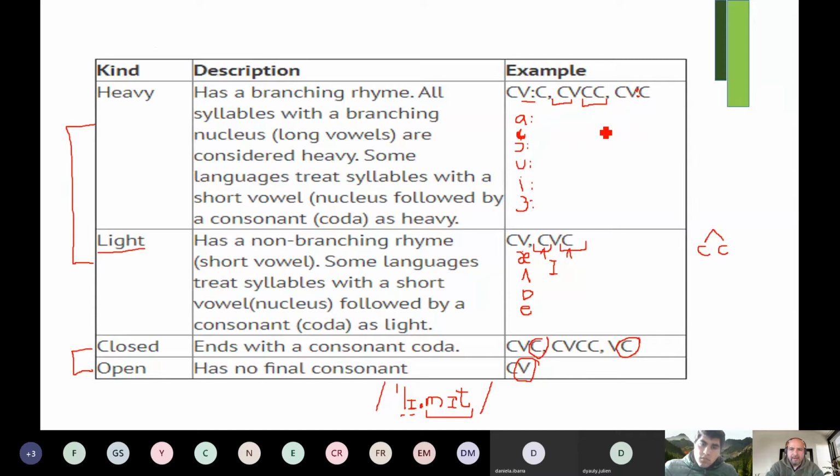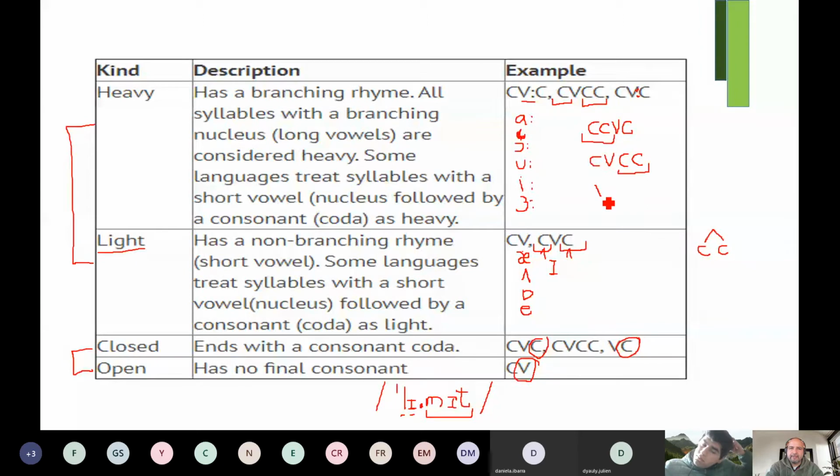So for example, if you have C, that means consonant, consonant, vowel sound, and consonant, this is going to be called a heavy syllable because it has a branching onset. Branching means that there are two or more consonant sounds. This is also going to be called a heavy syllable because it has a branching coda.